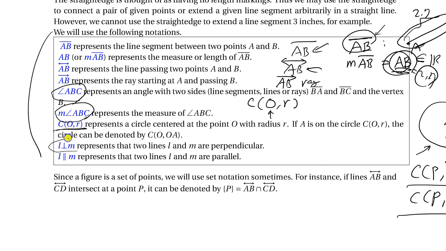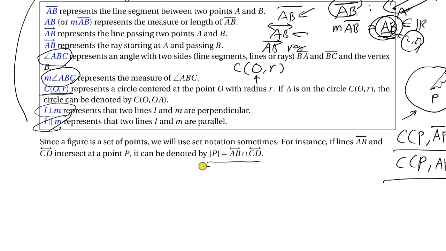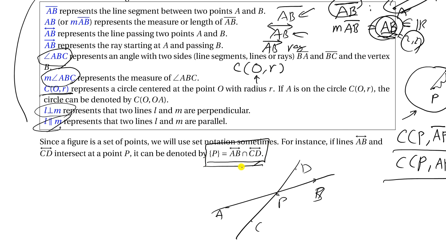And for perpendicular and parallel, these are the symbols. Sometimes, because any geometric objects, the graphs and everything, are a collection of points, if two lines AB and CD intersect at a point, writing that P is the intersection point between line AB and line CD is a long way to state it. Instead, we just use mathematical signs.